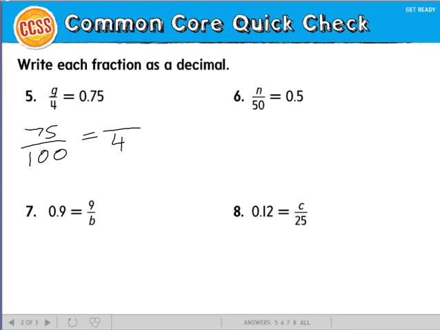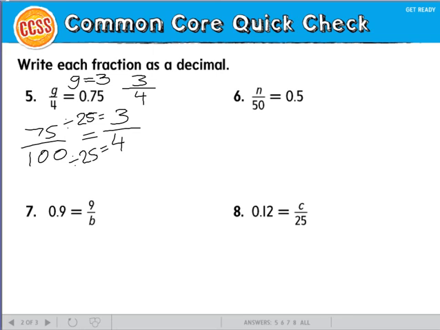So 100 divided by what equals 4? 25. So if I divide this by 25, I get 4. So if I divide the top by 25, what does that equal? So my answer is 3/4. So G equals 3.